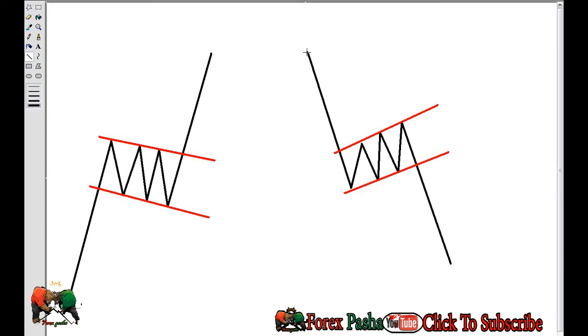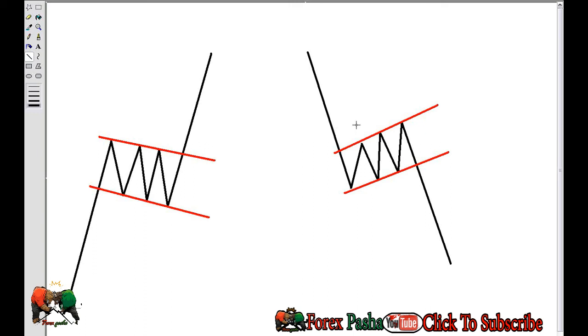So we've got a flagpole that starts from the top here, and then an area of consolidation in this area here that's defined by these two red lines. And then finally, after it re-energizes itself, it breaks through the lower red channel line, if you like, to continue in the downward direction, which is the original direction where the trend first started.